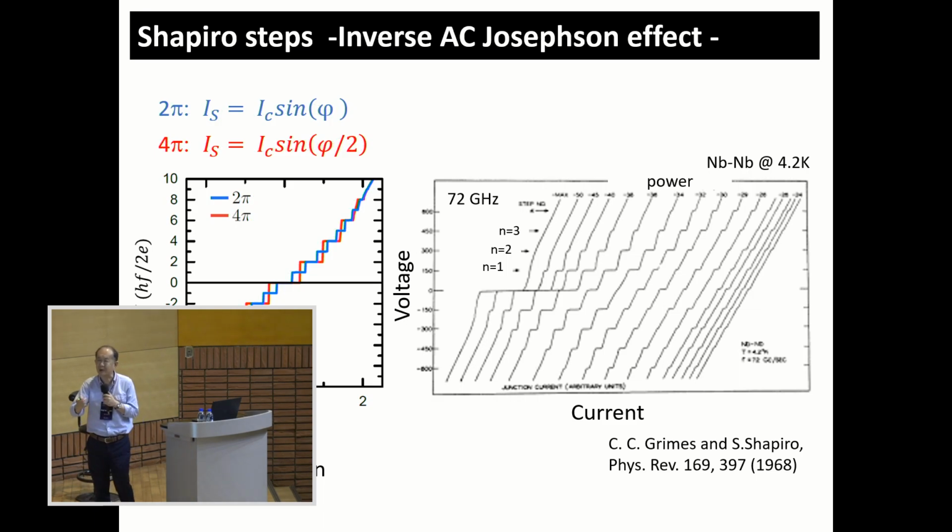But if there is a 4 pi periodicity, as in the topological case, maybe the odd steps would be missing, shown like the red one. So we want to just test it.